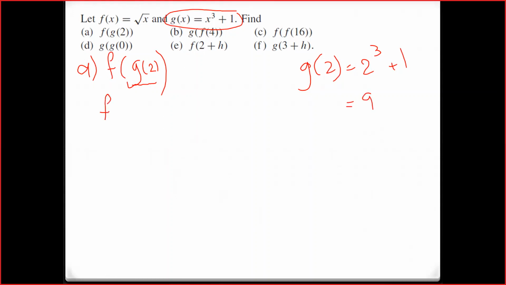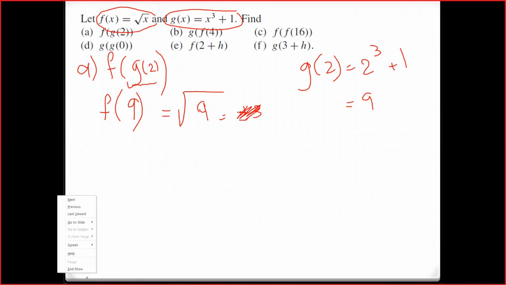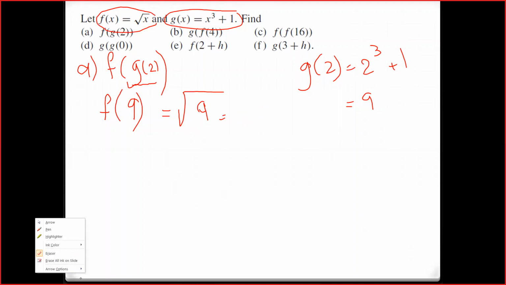So now it will be f. Instead of writing g of 2, I have to write 9. Then it has to be f of 9. I will go back here now. F of 9 is the square root of 9, which is positive or negative 3. I'm sorry. It will be 3 only, which is 3.